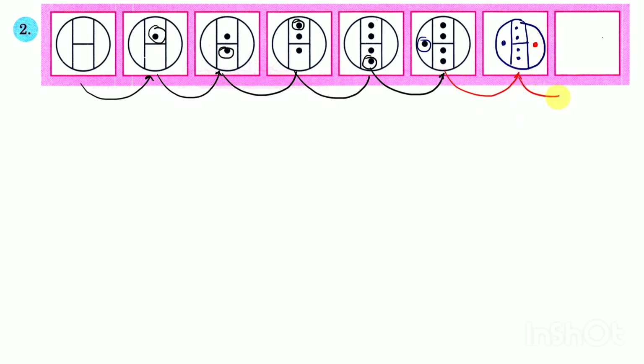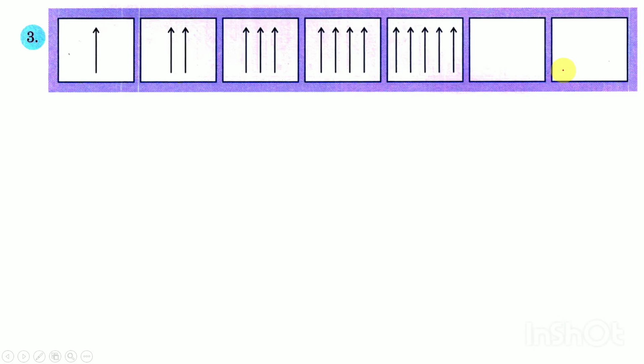On moving to the next figure, the next black dot will come to the opposite side. Up to the previous figure we have this number of black dots, so there will be an increase in a black dot in the opposite position. I hope all of you are understanding this figure. If you have any query, you may contact me on my personal number shared with you in my WhatsApp group. So let's move to our next figure.